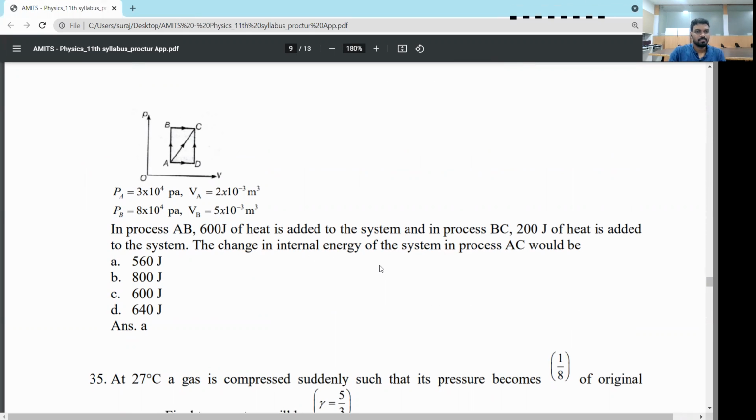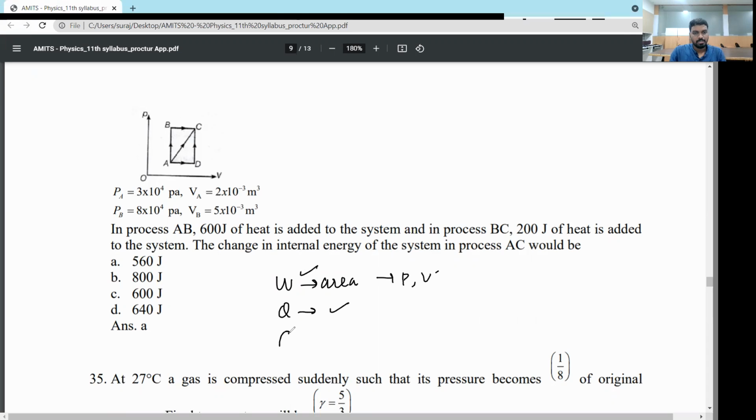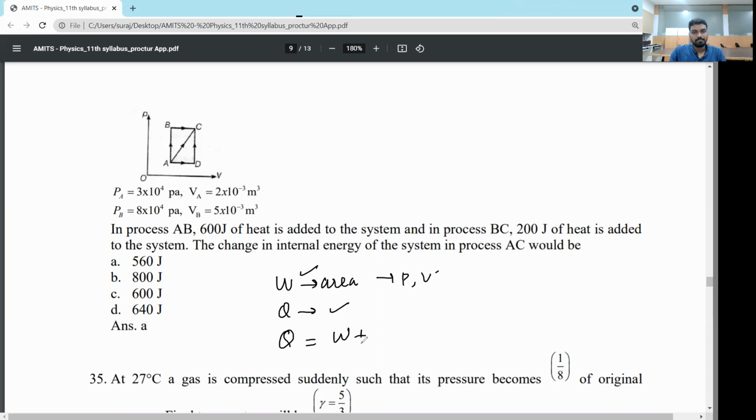Heat is given. Work done you can find. See, work done is the area under the PV curve. Heat is given. Then using the first law of thermodynamics, Q is equal to work done plus del U. Clear? You can find del U.